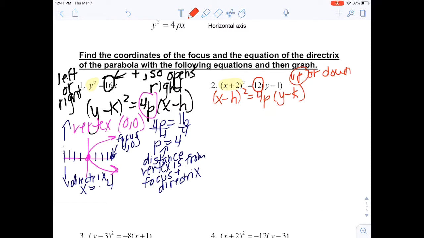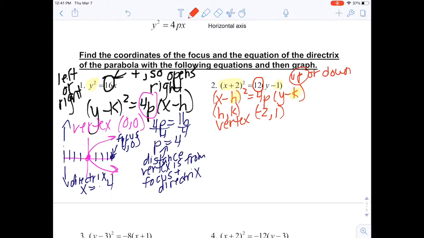All right, so looking at that, I could tell the vertex right away because of the h and the k: 1 for the k and 2 for the h. So my (h, k), which is the vertex, is (-2, 1).